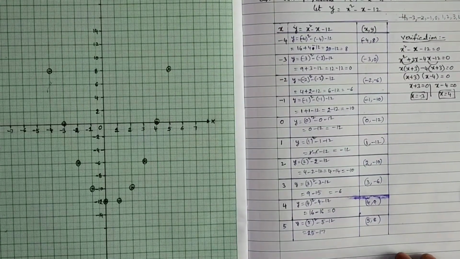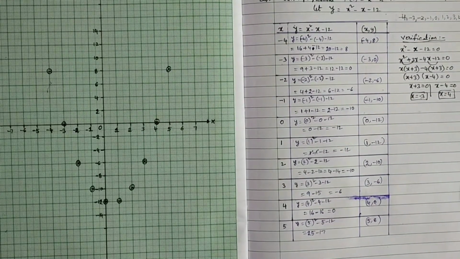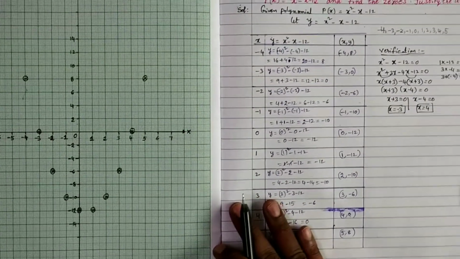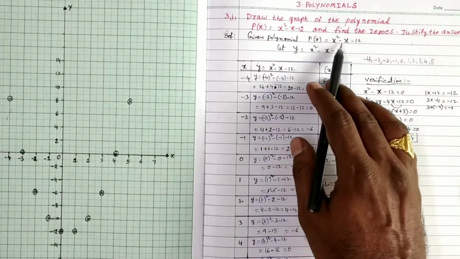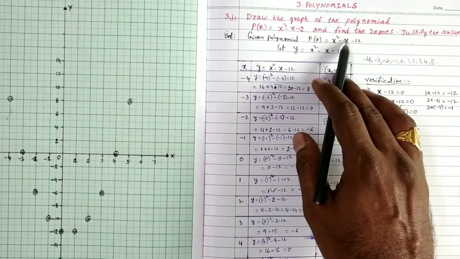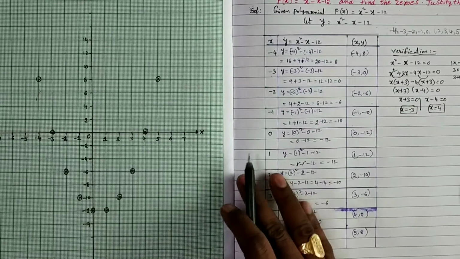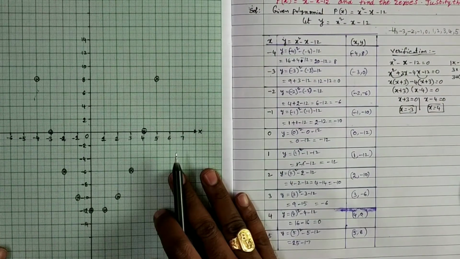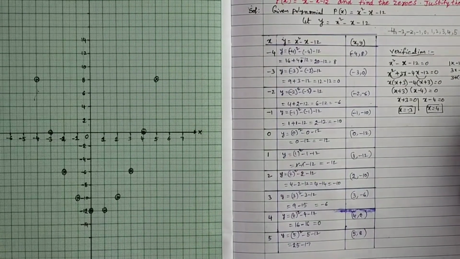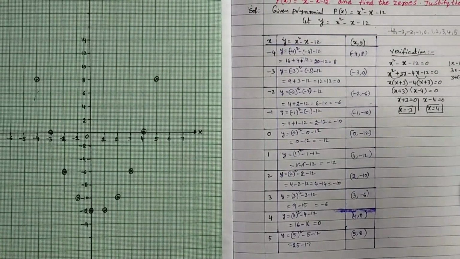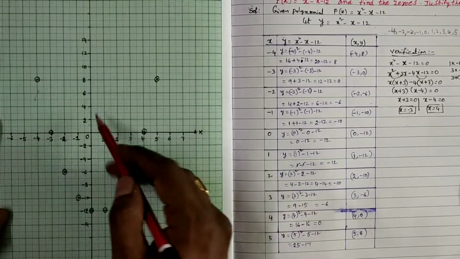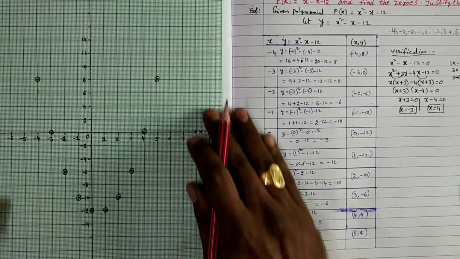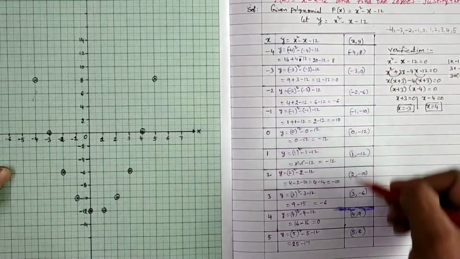So in order, according to the ordered pairs, you draw the line. This is a quadratic polynomial, the degree of this polynomial is 2. The graph of the quadratic polynomial is a shape called a parabola. The parabola is represented by curves only, so don't use a scale. By hand only, join these points in order, according to this order only.